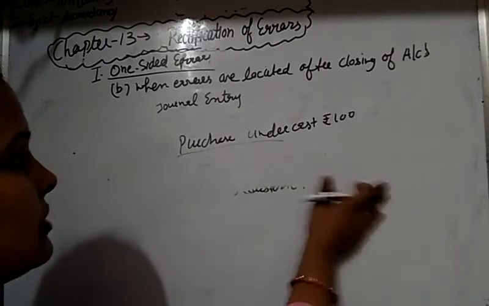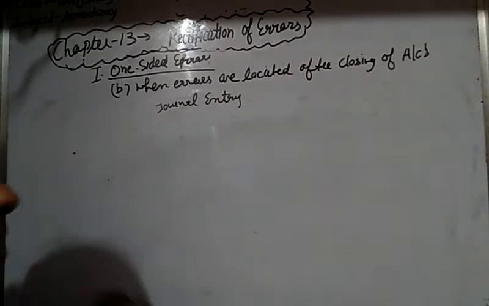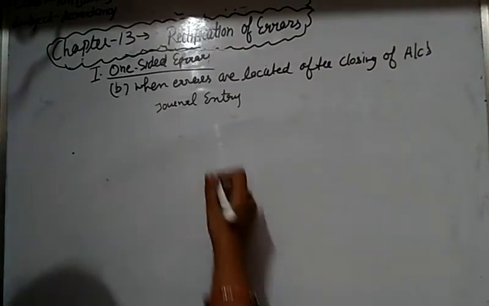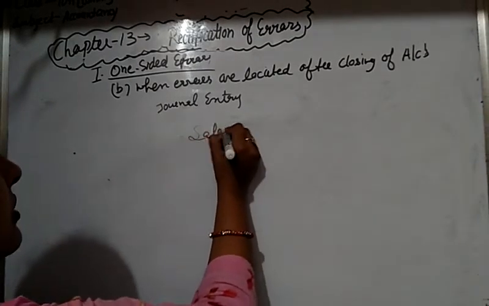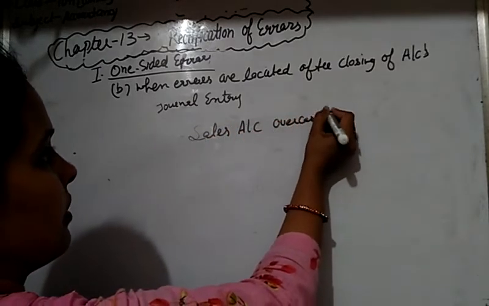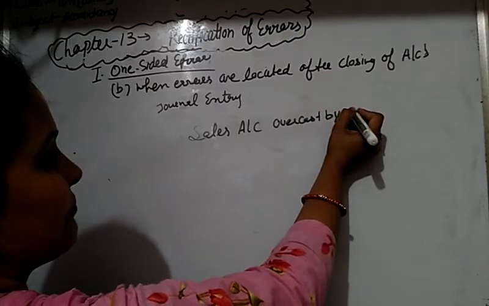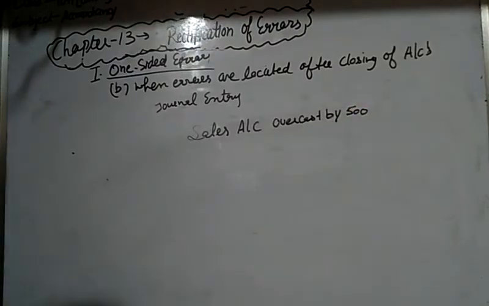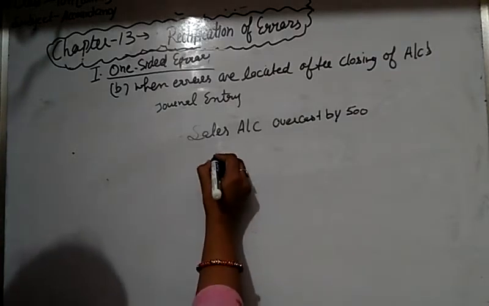If an account is wrongly credited, like sale account overcast by 500. So sale is credited. Now we deduct the 500 from sale account. How can we deduct? We debit it.